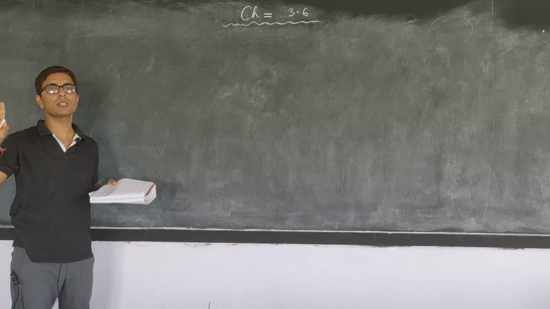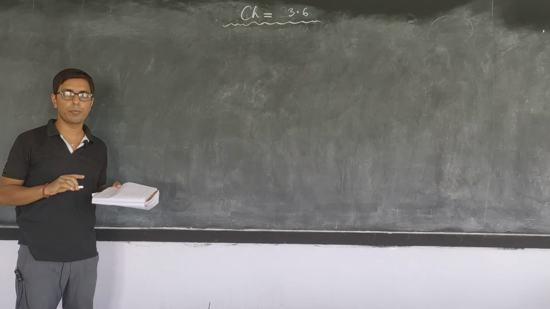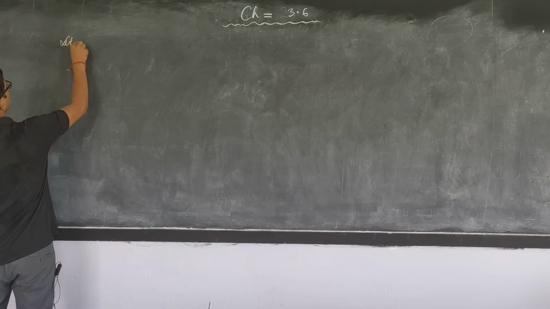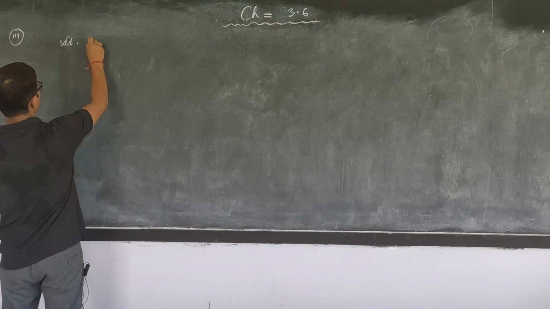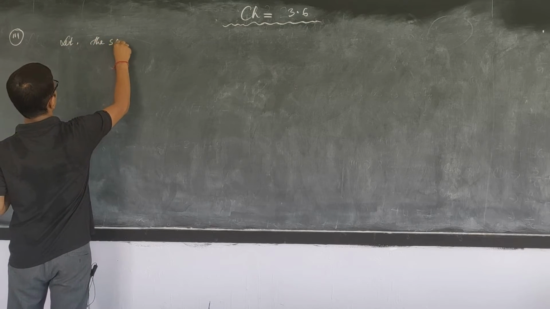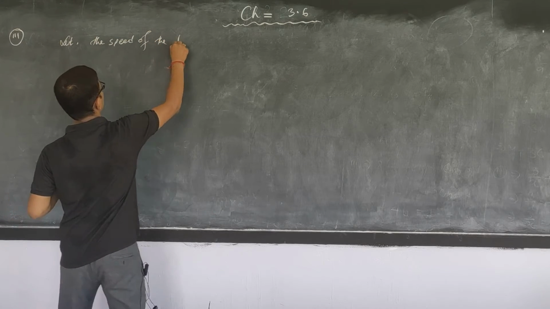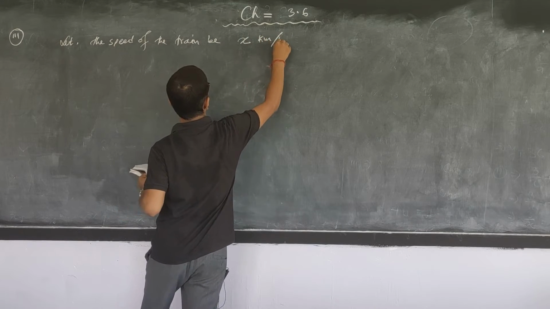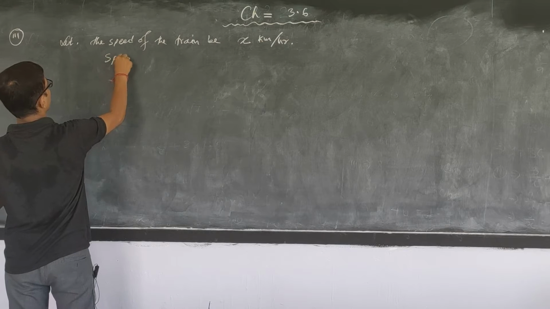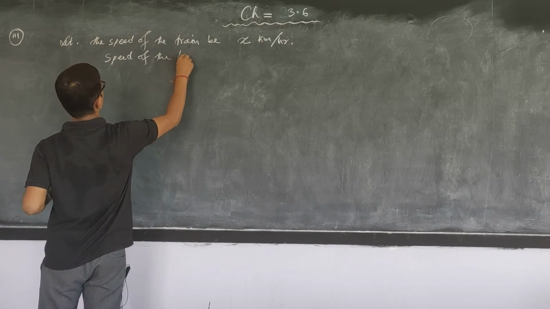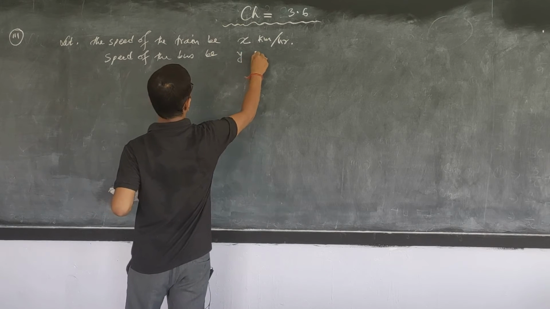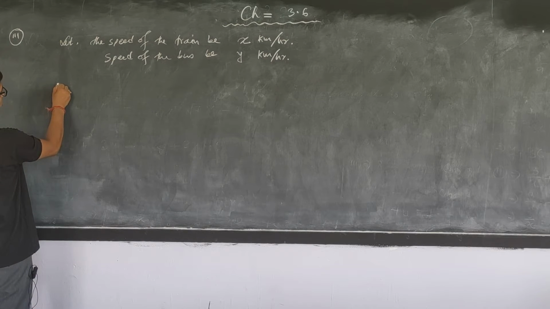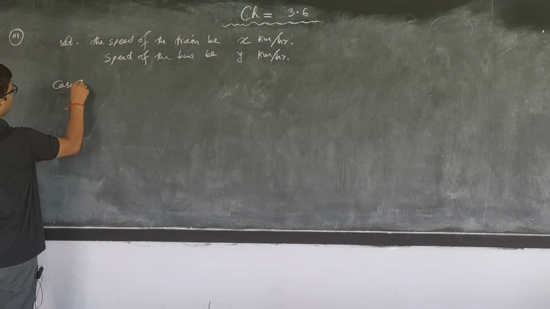So let the speed of the train be x kilometers per hour, and the speed of the bus be y kilometers per hour. Now there are two cases. First case, so we will write case 1.